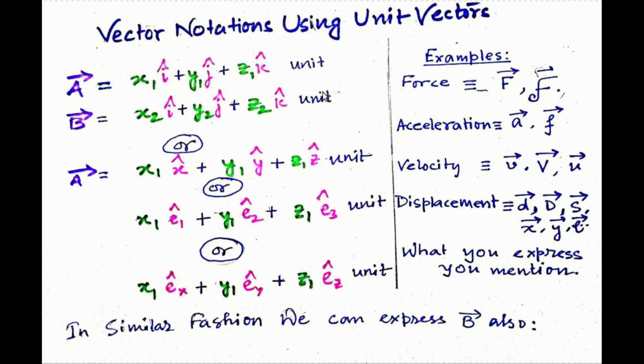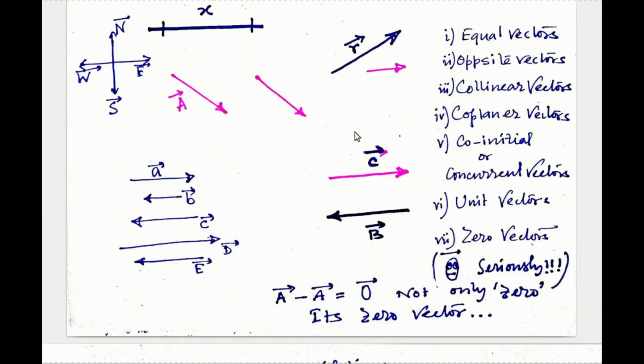When we talk about equal vectors, we have mentioned that equal vectors have the same magnitude and direction, and in that context we have to add one thing, that they should have the same type. Equal vectors mean the same magnitude, the same direction, and the same type.